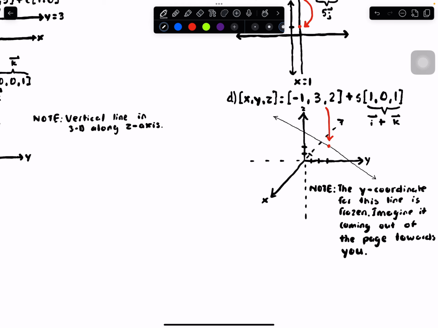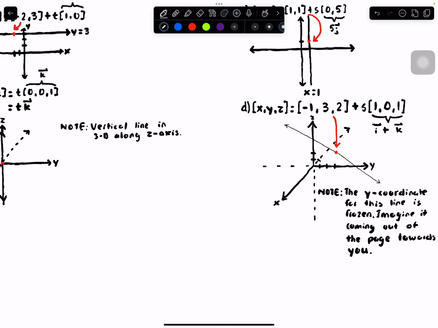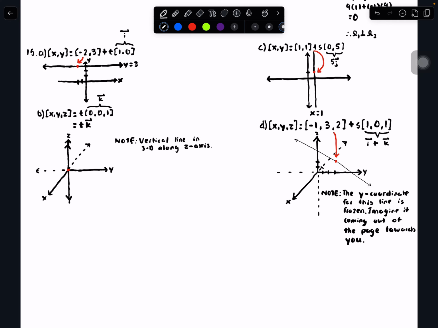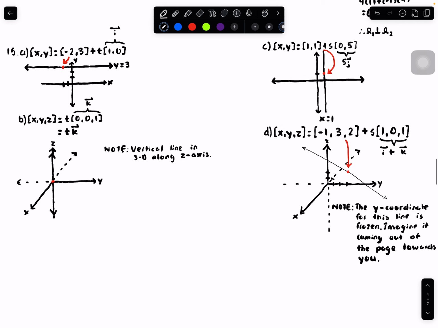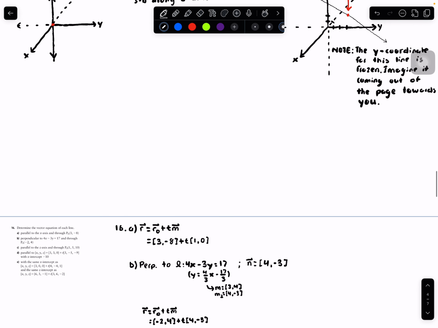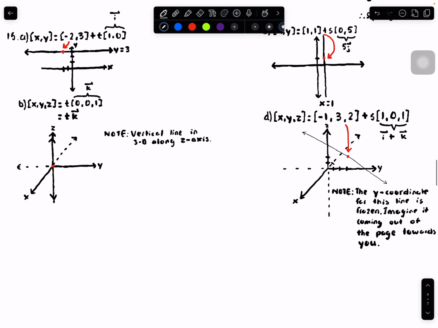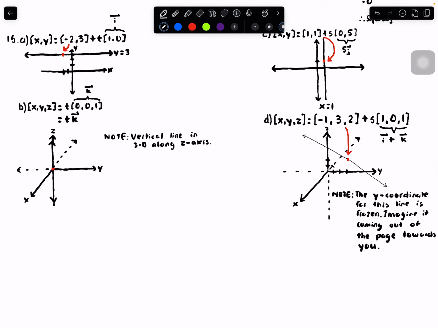So it's just what I said. I think it would be best for everyone to graph this in GeoGebra to see it if you can't understand what I'm saying. It's quite a good exercise for using GeoGebra as well. All right, I think we'll pick up from question 16 in the next video. I'll see you then.